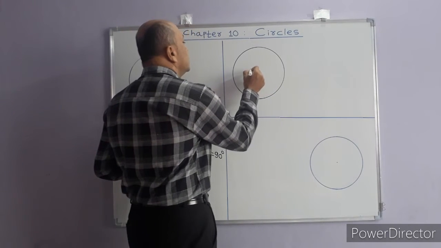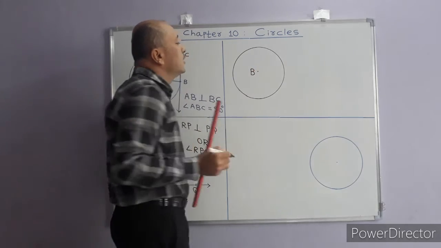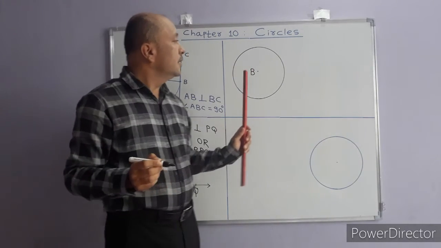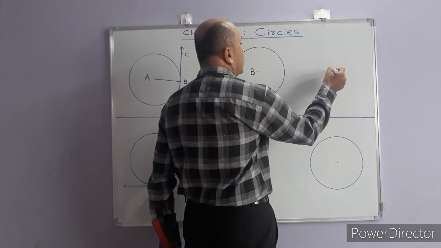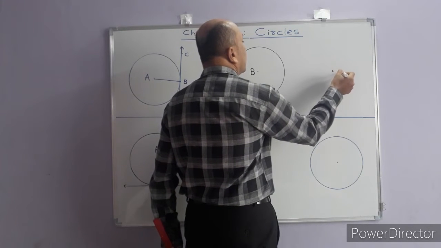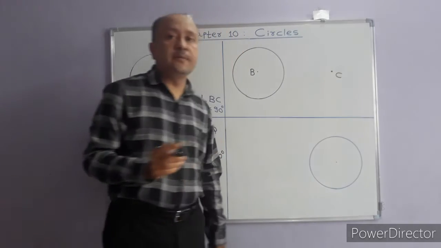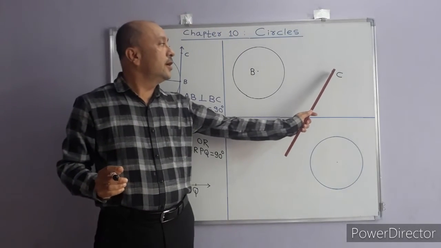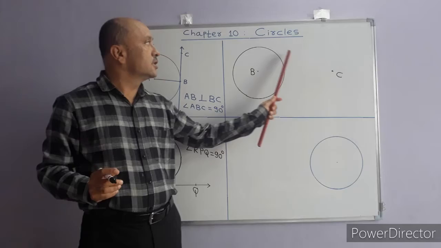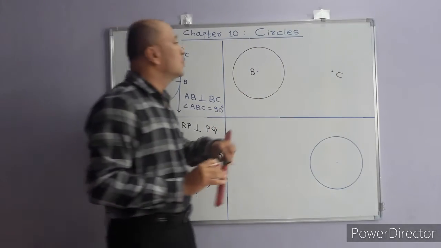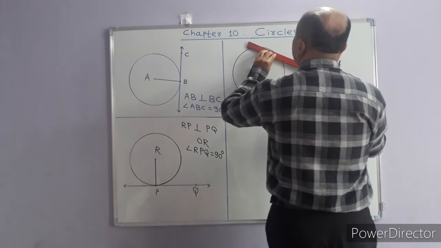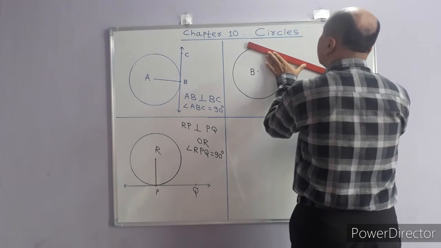See the next, students. B is the center of the circle, then a point is taken outside. Say for example the point C is taken here, then from this point C we can draw exactly two tangents. One tangent will be here and one tangent will be here. So only two tangents are possible from an external point. So let us draw this.